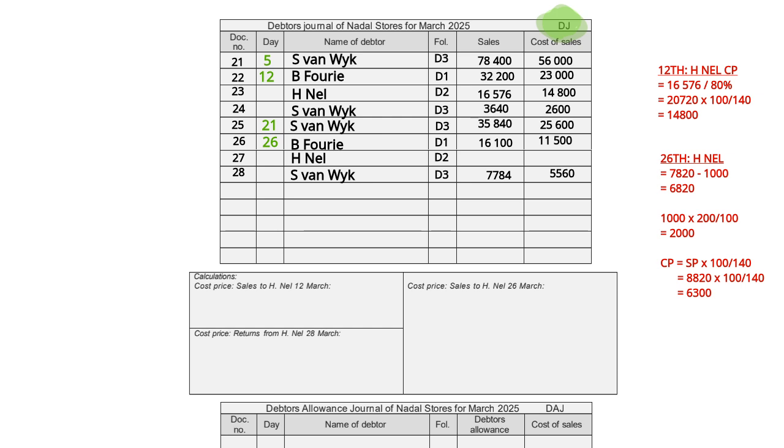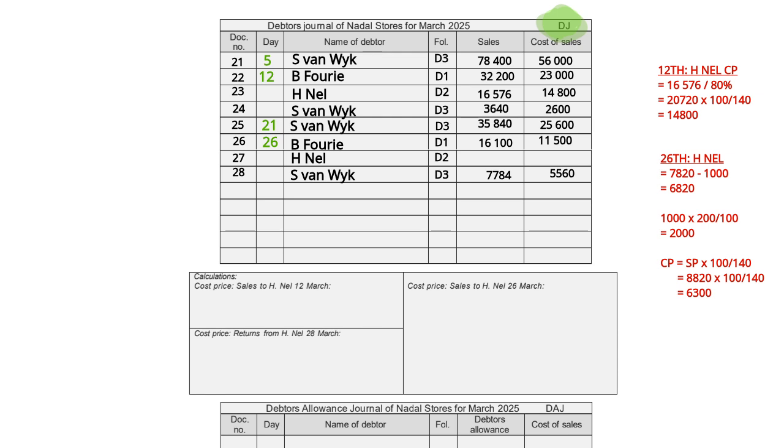But then we went one step further. We also then sold goods at half price. So that 1,000 Rand, do you agree if it's half price, you divide it by 50%, which gives you 2,000. So our full selling price was 6820 plus 2,000, which is 8820.